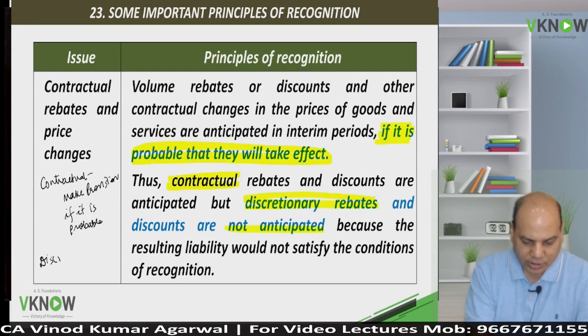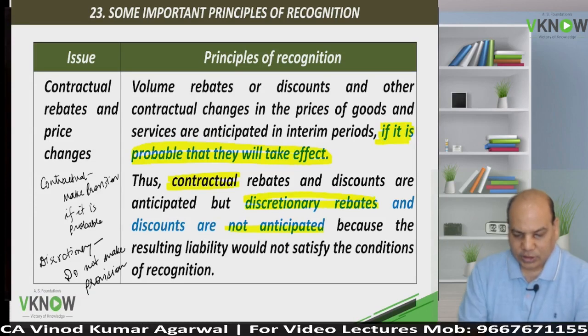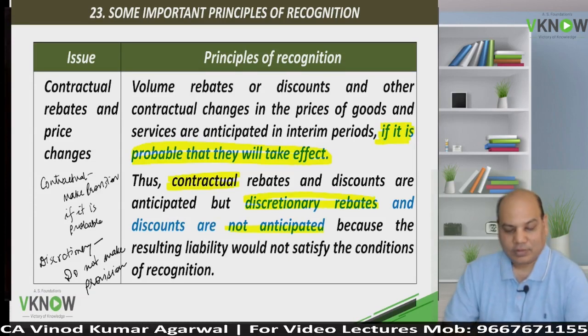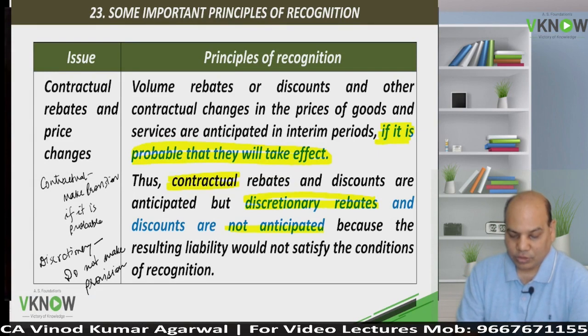And if it is discretionary, then do not make provision. Do not make provision for discretionary rebates and price changes. Okay, because you can always withdraw from that. You can always refuse to honor the contract.